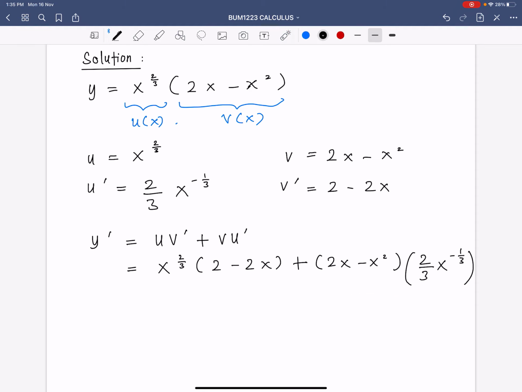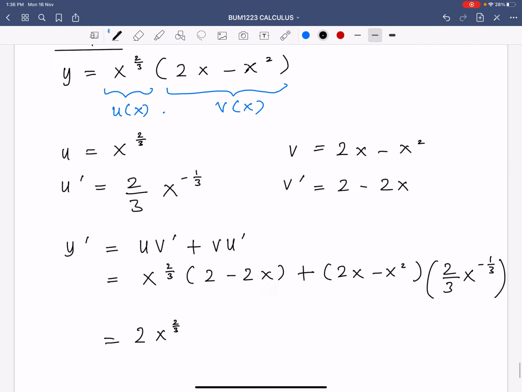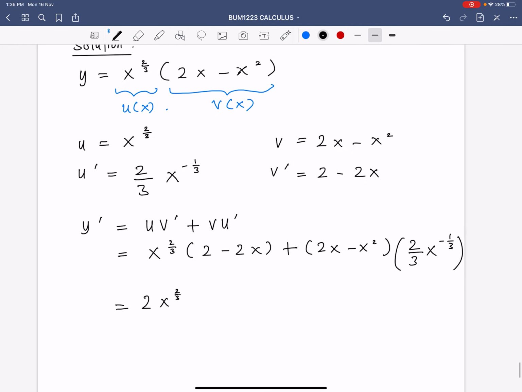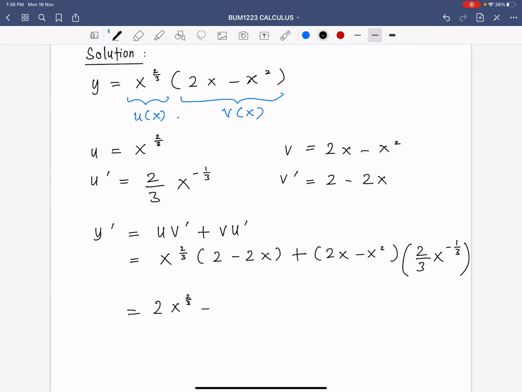So we will expand this. When x to the power of 2/3 times 2, it is 2 times x to the power of 2/3. And when x to the power of 2/3 times 2x, it is minus 2x to the power of 2/3 plus 1.